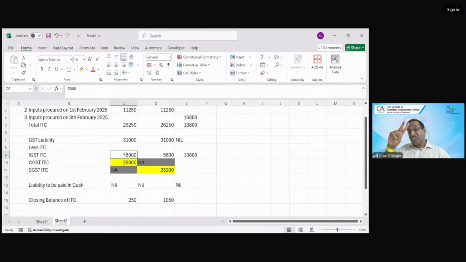But I have changed the order. I have changed the allocation of IGST ITC to C and S, by which I am not required to pay in cash. Got my point? Is that clear to you?